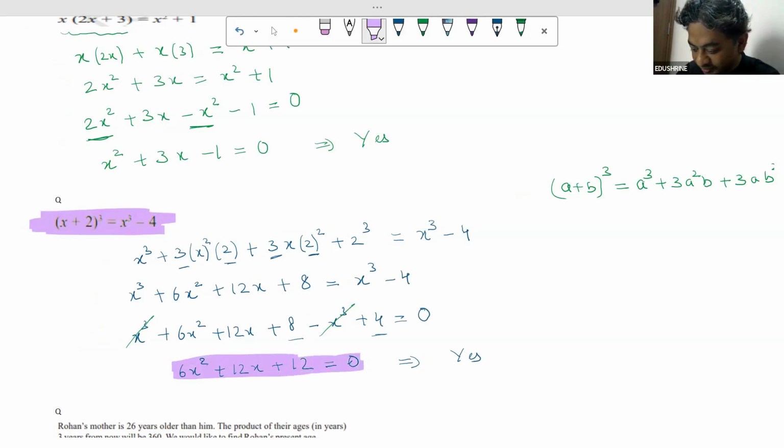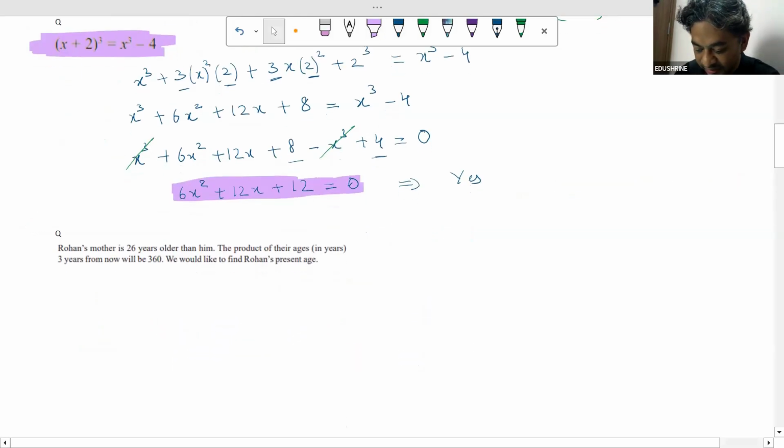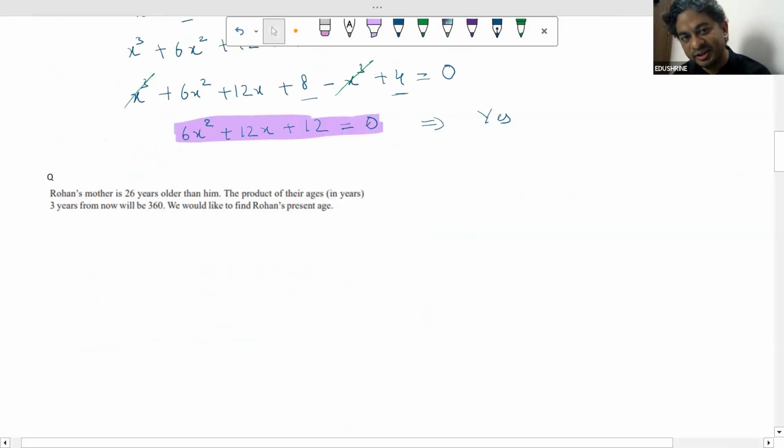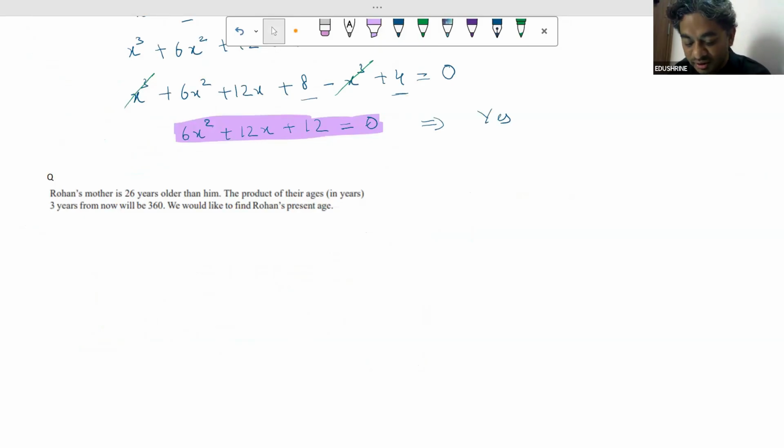Understood? Now there is another problem on your screen. I'll just read it out for you. You have to try this. You have to think logically, and obviously I am there to help you out with the solution. So what is given? Rohan's mother is 26 years older than him. The product of their ages in years, 3 years from now will be 360. We would like to find Rohan's present age.